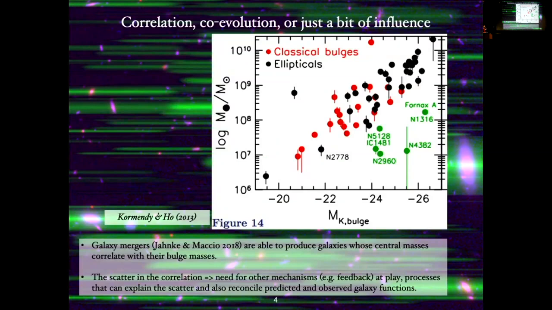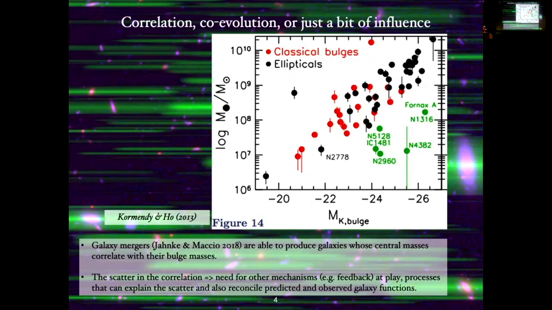When looking at the masses of the central supermassive black holes and the mass of the bulge of the galaxy, we have found this correlation for the past 20 years. Points have been added, and the scatter has been limited. Specifically, what has been lowered is the scatter from observational uncertainties. So our measurements are getting better, but the scatter is not getting smaller.